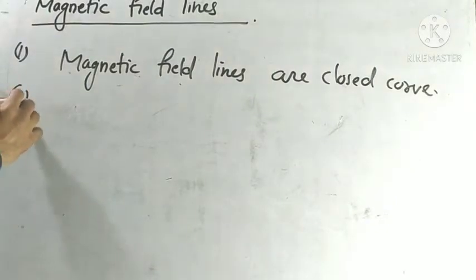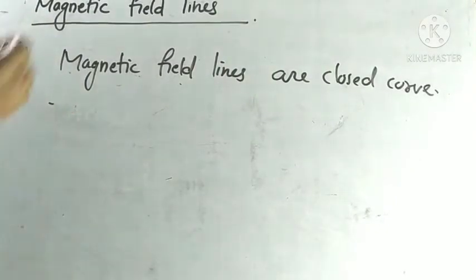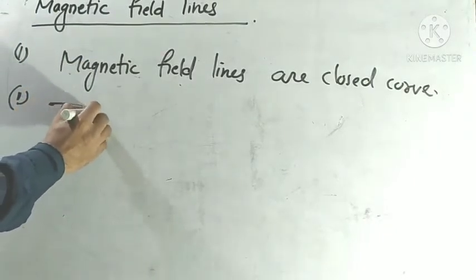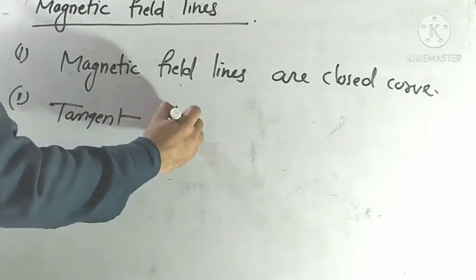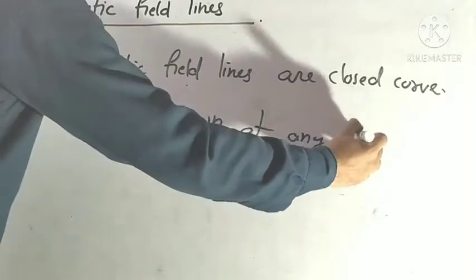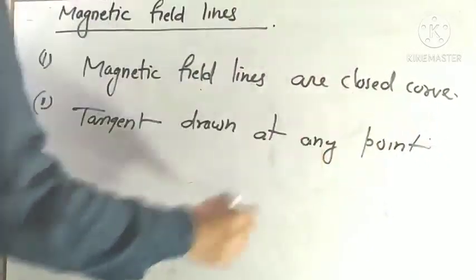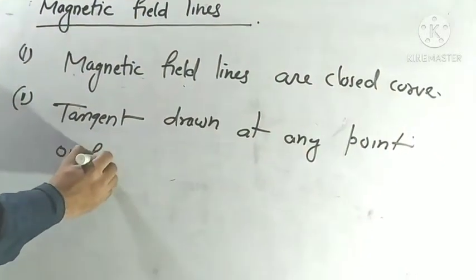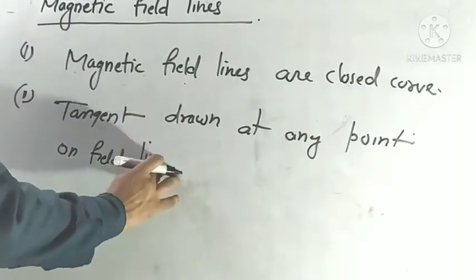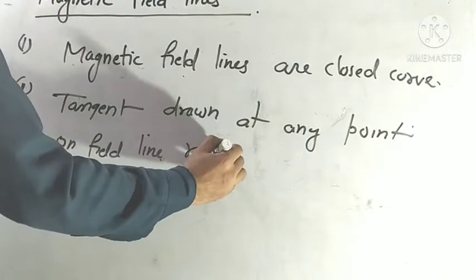Second, a tangent drawn at any point on field lines represents the direction of the field at that point.